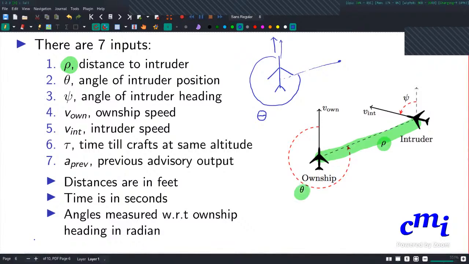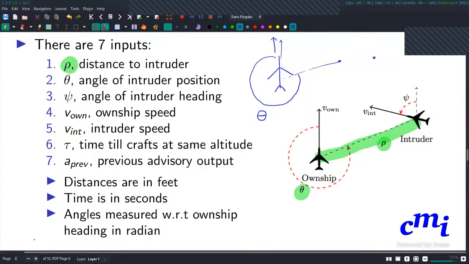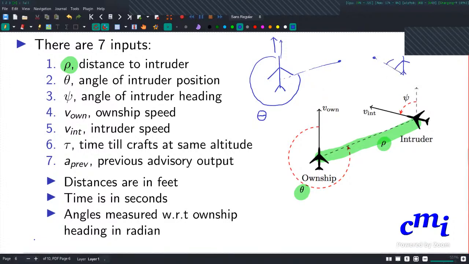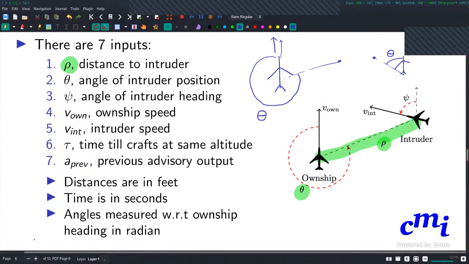Similarly, if the intruder was on the other side and your plane was like this, the angle would look something like this. This angle is measured anti-clockwise and is given in radians in a range between minus pi and pi.